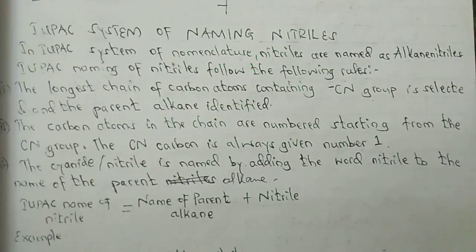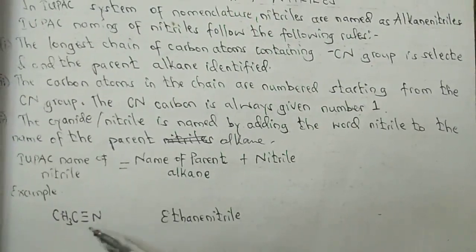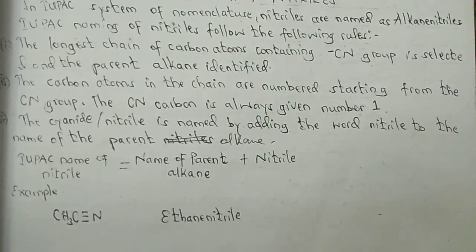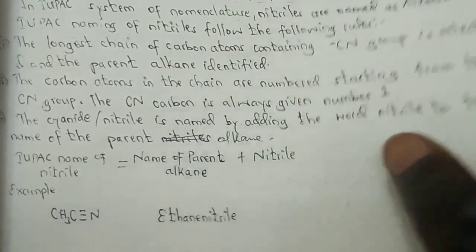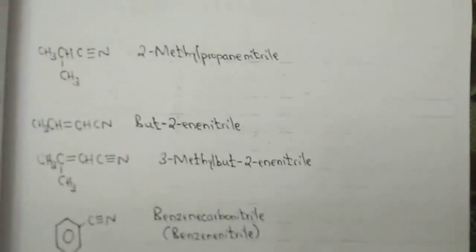For example, this one is ethane, so it is ethanenitrile. We just add the word nitrile at the end of the name of the parent alkane, simply that way.